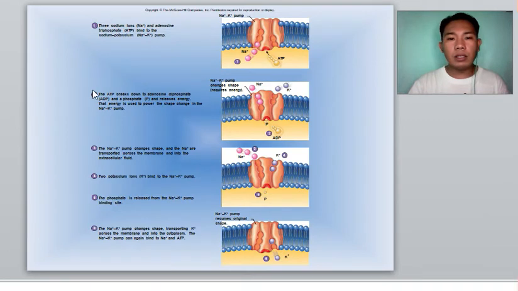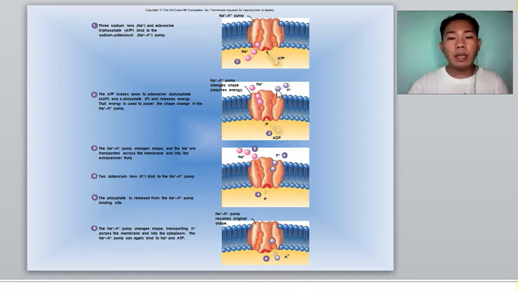Another illustration provides us an example of a type of mediated transport mechanism. Particularly, it is an active transport. This is a sodium-potassium pump. Usually, 3 sodium ions here, the color pink or violet, and adenosine triphosphate will bind to the sodium-potassium pump.